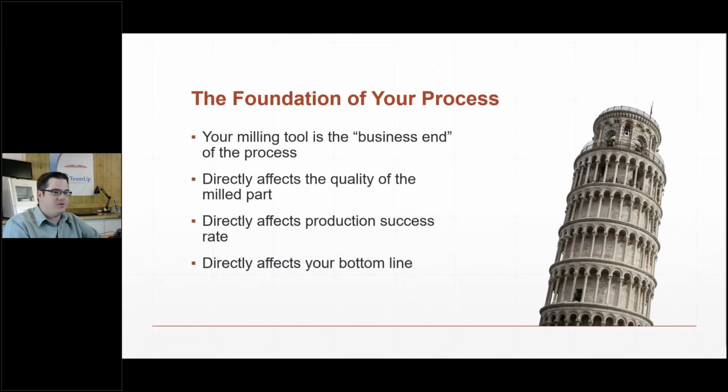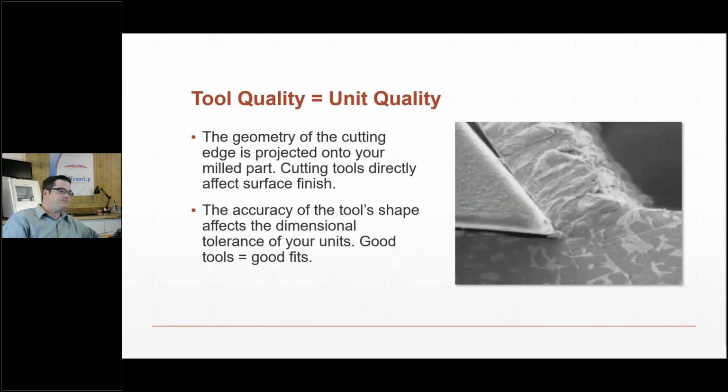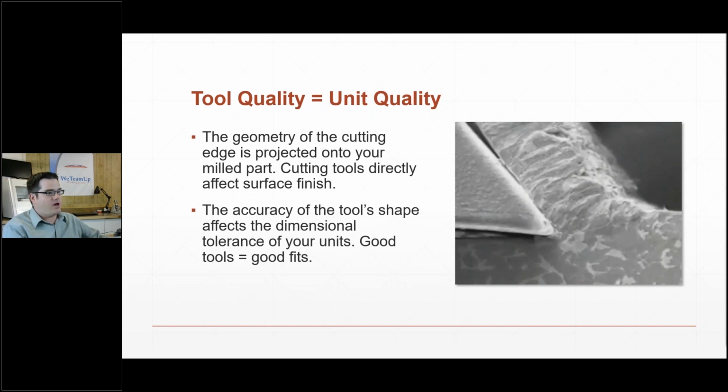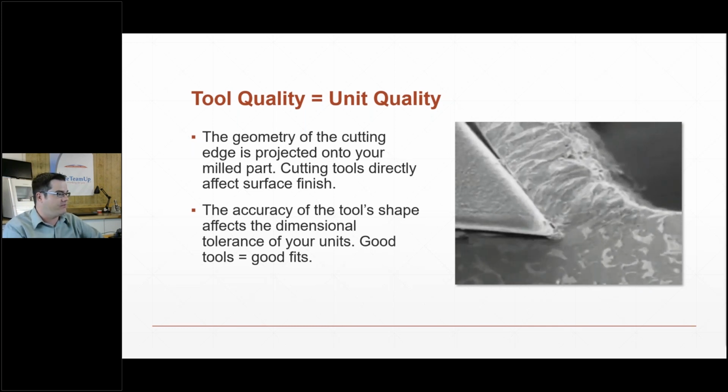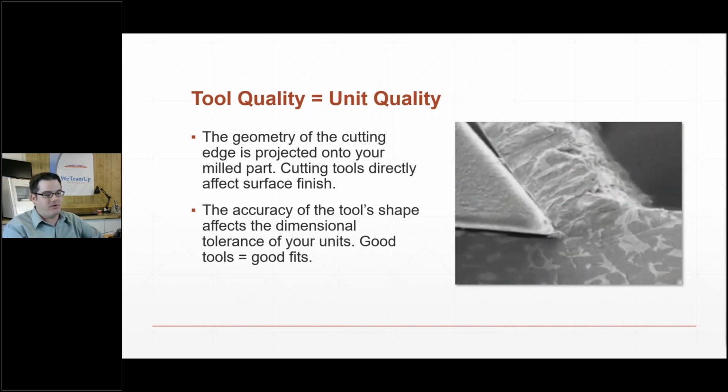So I like to think of the tool as literally the business end of your lab. Everything's focused on it again. It directly affects the quality of your units, and thereby also affects your bottom line at the end of the day. So I'll give you a little more detail on that. So when a tool is cutting, and this is actually a cool GIF of a cutting edge cleaving material.